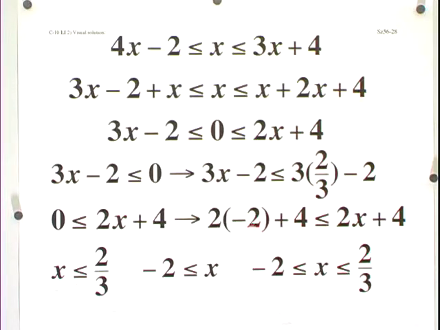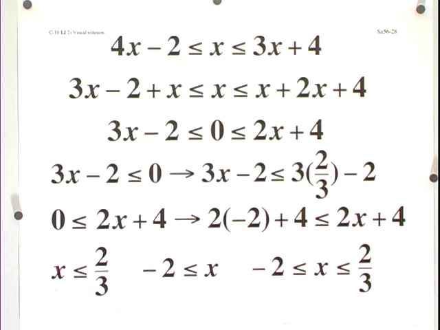And I can add 4. A minus 4 and a plus 4 is a 0. Now I have translational symmetry, and the coefficient of this variable term is positive, so x is greater than or equal to minus 2. Here it is, x greater than or equal to minus 2.